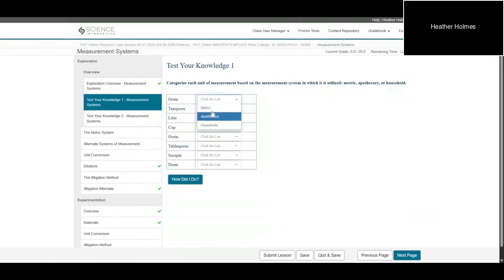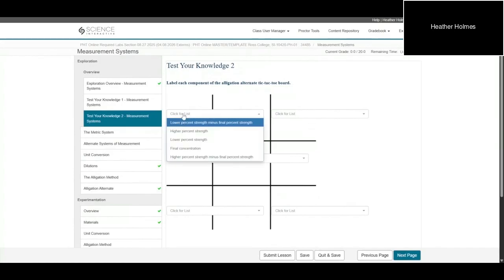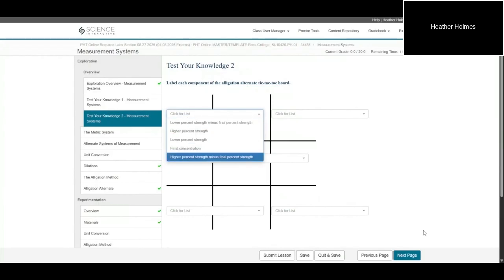Like a lot of the other labs, it's a drop-down menu, and you'll pick which one you think they go with. Once you complete that, you can go to the next one, which is another drop-down menu. It looks kind of confusing, but the coordinating boxes are for all of the corner pieces and then the center. So you would just click on it and then pick which one.